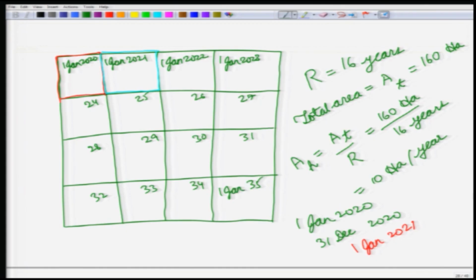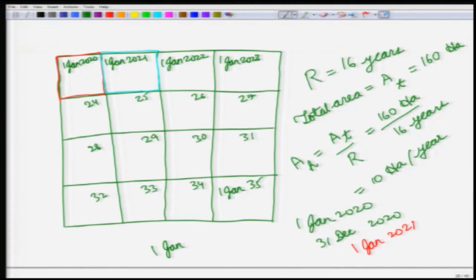Now, if we carry on these operations, what will be the situation on 1st of Jan 2036? On 1st of Jan 2036, the first section that we had felled on 1st of Jan 2020 is now 16 years of age. This section that we felled on 1st of Jan 2021 is 15 years of age.